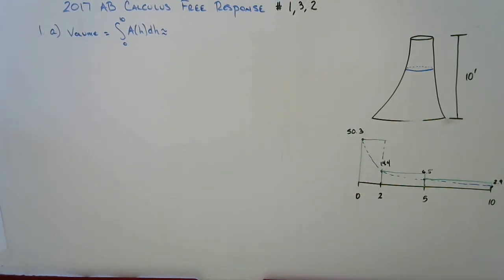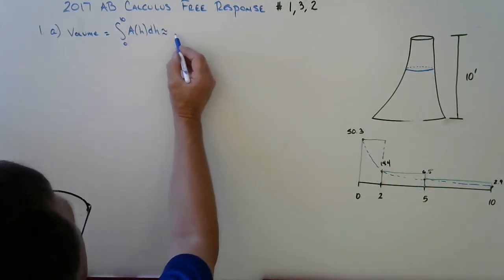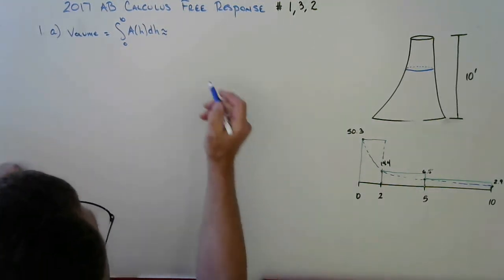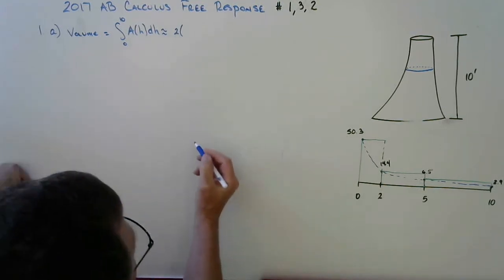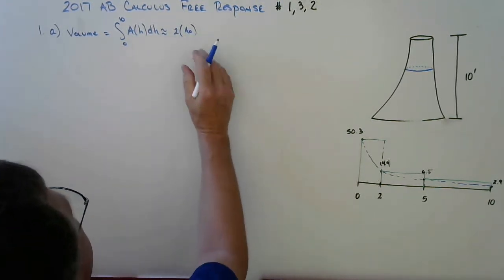So we're going to find our area based on the left-hand side of each of these intervals. And then, of course, we know the width of each of those. So right here, our width is going to be 2. Our height is going to be A of 0.